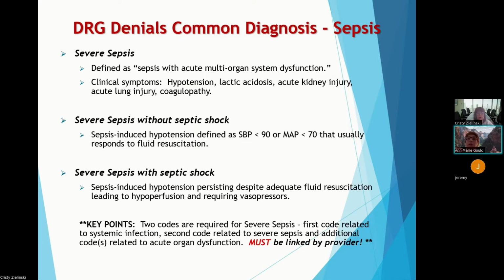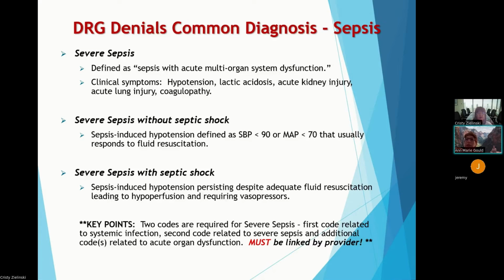They're going to need some IV dopamine, dobutamine, Norep, Levo, whatever the case may be. So sepsis-induced hypotension persisting despite adequate fluid resuscitation, leading to hypoperfusion and requiring vasopressors, is your severe sepsis with septic shock.